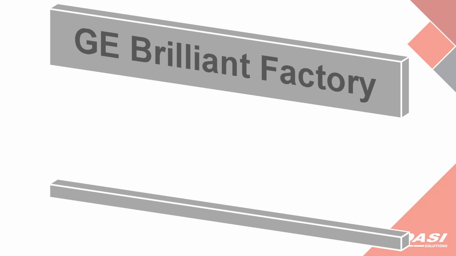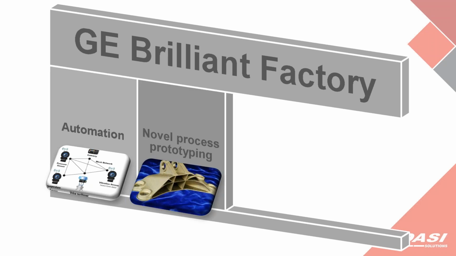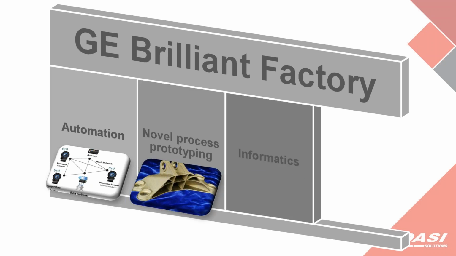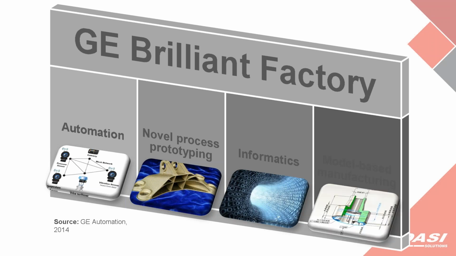They had a certain percentage of yield through their battery factory, and then they instituted this Brilliant Factory practice, where they started with an automation process, stepped through a prototyping aspect, used some system analytics, and then used model-based manufacturing to build everything. This novel approach with these 4 pillars builds towards a better future, a more robust solution for their process.